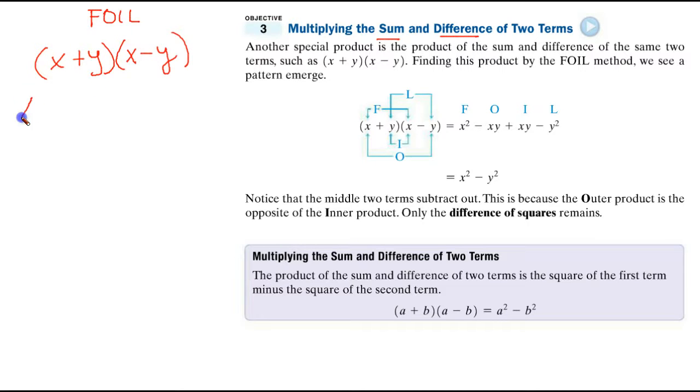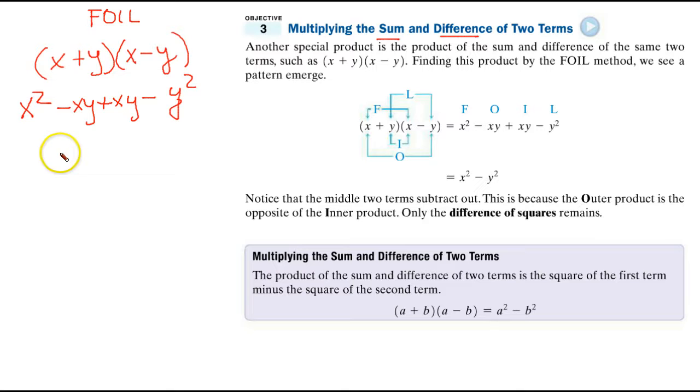This is x squared. Now our outers are a negative xy. Our inners are a positive xy. And our last is a negative y squared. Now notice what happens to our results of multiplying the outers and the inners. They're just opposites.